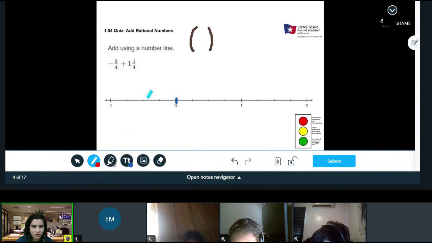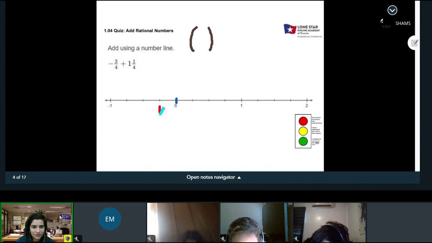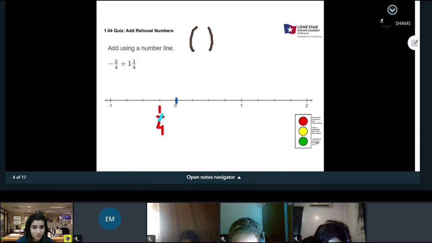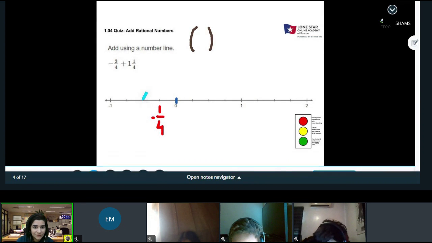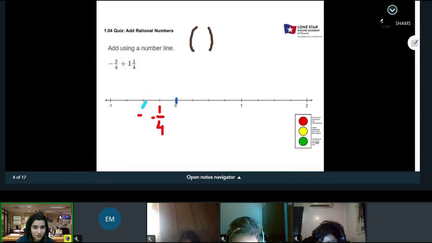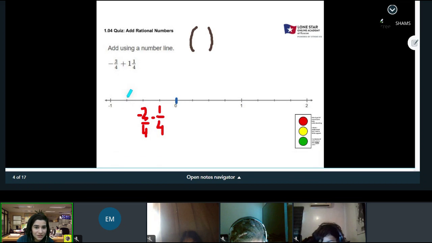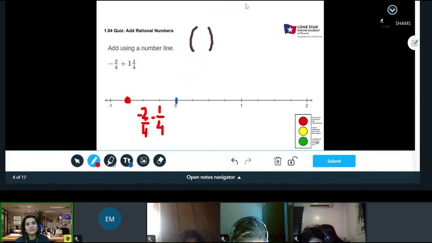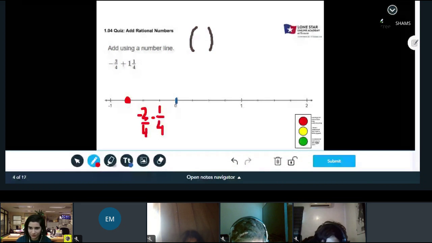So 1, 2, this is negative 1/4. Then the second one is negative 2/4. Then this third one that we want is negative 3/4. This point here is negative 3/4.